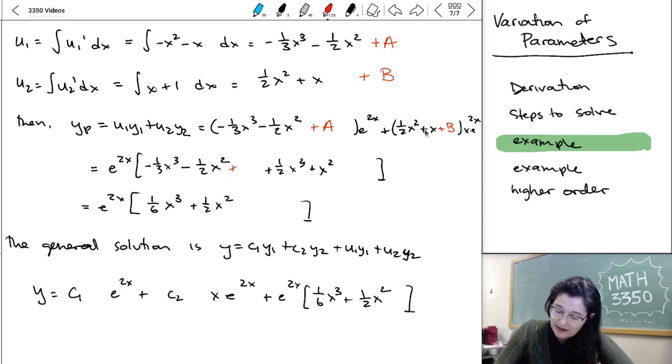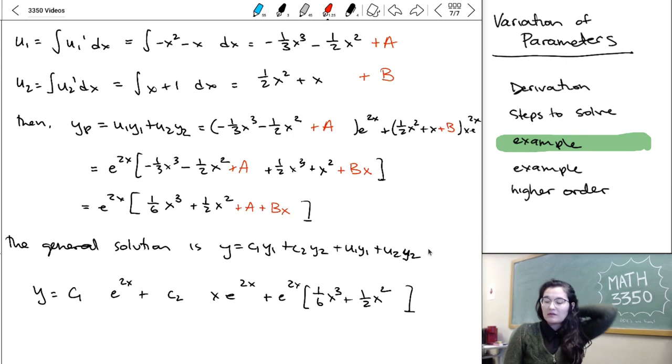Carrying that further down, when I factored out that e, it would still look like that. And then here, when I multiply that x through, my b would actually become a plus bx. And those wouldn't combine nicely with my other fractions, so I would just leave them the way they were in that last step of yp.